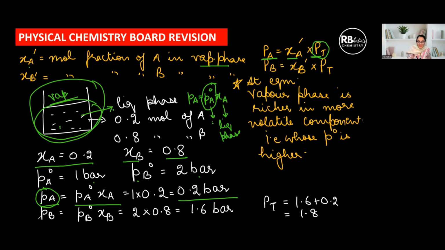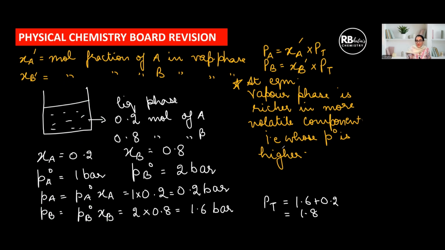If I want to compare it to PB, the contribution of component B to the total pressure, PB is PB naught into chi B. What is chi B? Chi B is the mole fraction of B in the liquid phase. Okay, so I'll get total pressure as 1.8. Now, supposing I want to compare this with chi A dash or find out chi A dash, how am I going to calculate chi A dash?